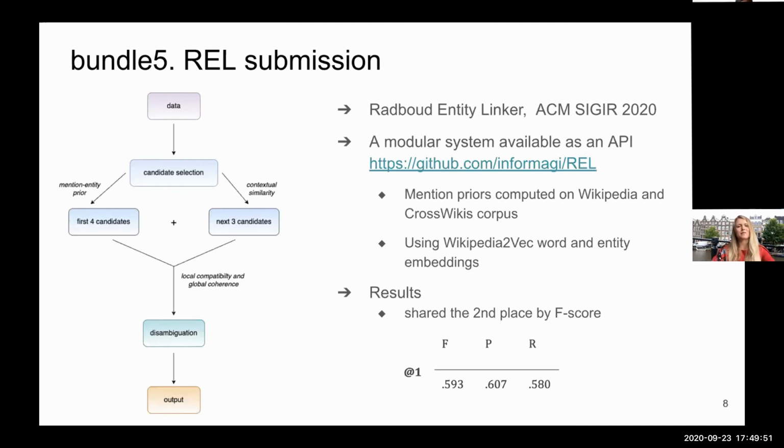Here the main difference from our approach is that they are using collective disambiguation. So not only local compatibility is important, but also global coherence of the entity linking decisions within a document. And the results are quite nice. In terms of F-score, it shared the second place.